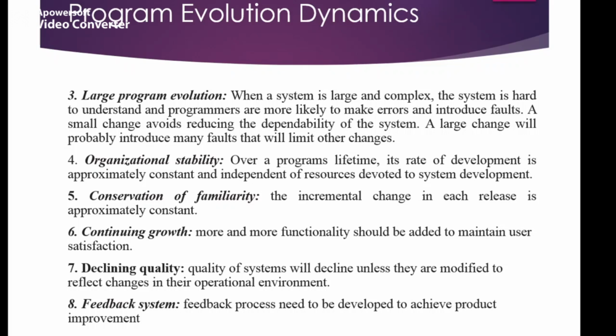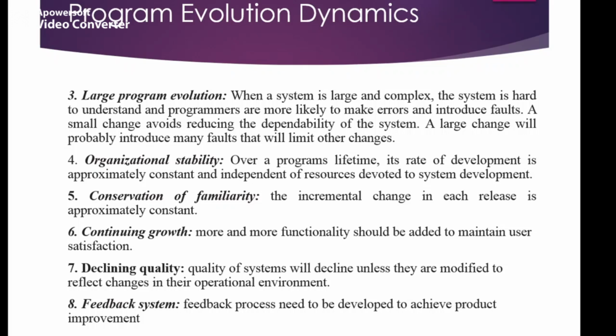Fifth law, conservation of familiarity. What do you mean by that? The incremental change in each release is approximately constant. Whatever increments you develop in each release, that will be constant.